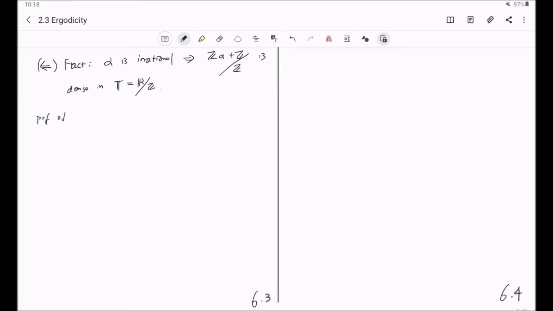So this is a proof of the fact. For any epsilon greater than 0, you first pick an integer n large enough such that 1 over n is less than epsilon. And you divide the circle into n equal pieces.